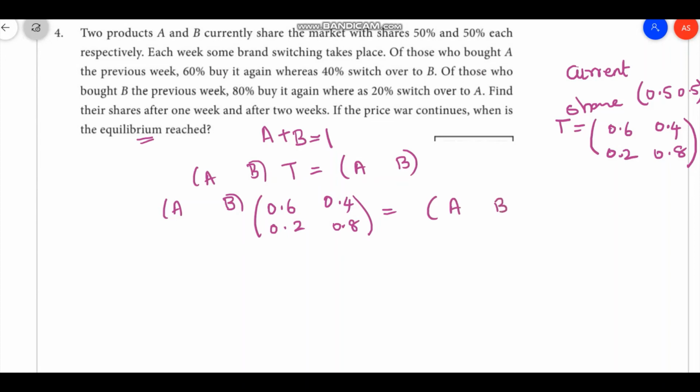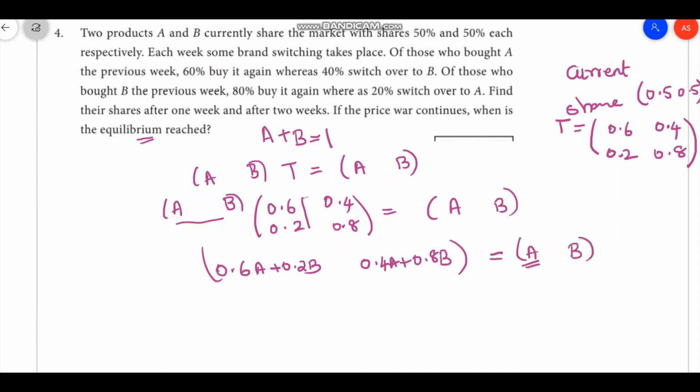Let me multiply it. First row by first column, you get 0.6A plus 0.2B. Then first row by second column, 0.4A plus 0.8B, equal to AB.